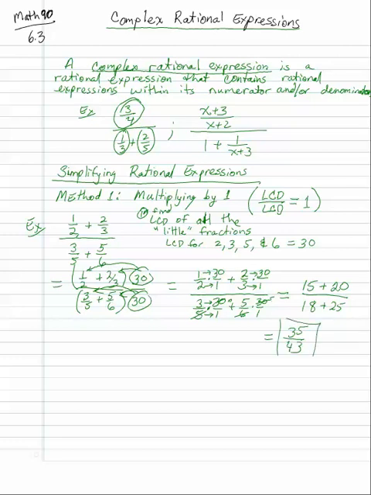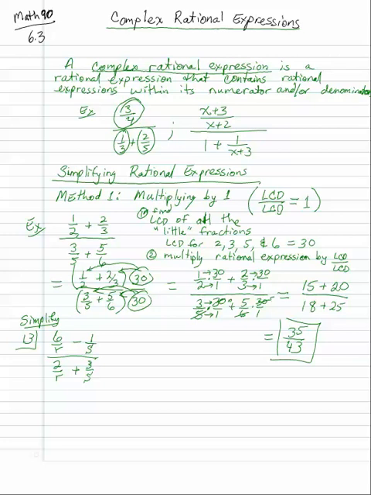And that's it. So we can use that exact same technique with rational expressions. It's the same idea. You're going to multiply the LCD over the LCD on the top and the bottom. So again, I'm going to find the LCD for all the little fractions.